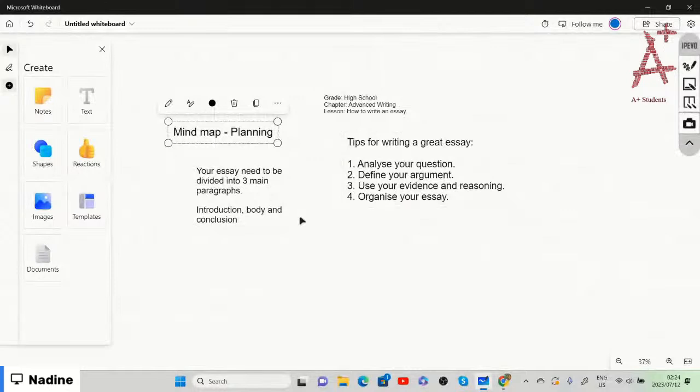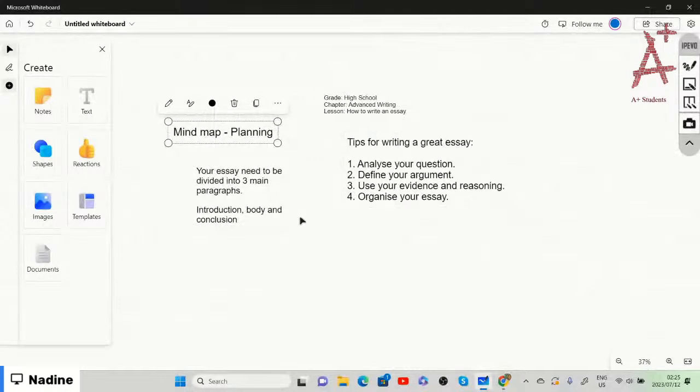And remember, we said that your essay needs to be divided into three paragraphs, which is the introduction, the body, as well as the conclusion, right? In the introduction, you can basically just have one paragraph, and the conclusion, one paragraph, because you are just giving us in that introduction a brief overview of what your essay is going to be about.